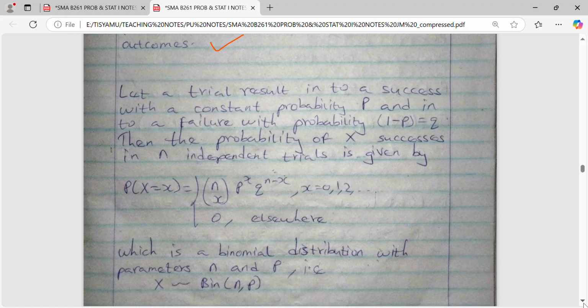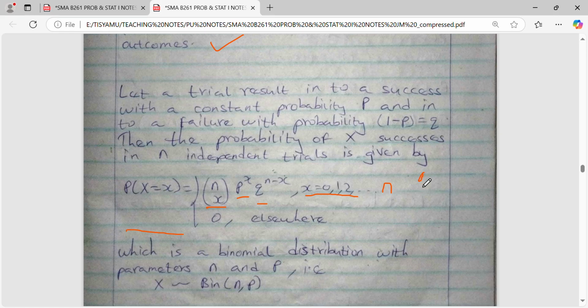Let a trial result in a success with a constant probability p, and in a failure with a probability 1 minus p, which is q. Then the probability of x successes in n independent trials will be given by the formula: probability that X equals x is the same as n choose x times p raised to x times q raised to n minus x, where x is 0, 1, 2, all the way to n.